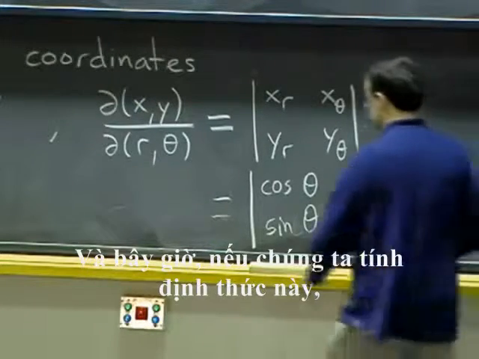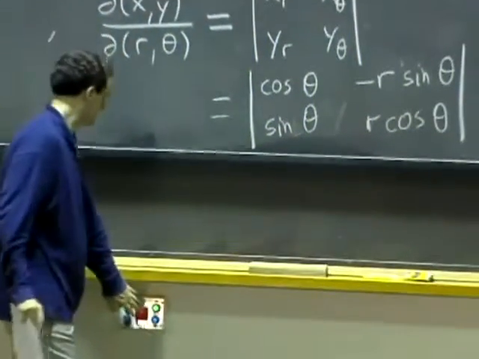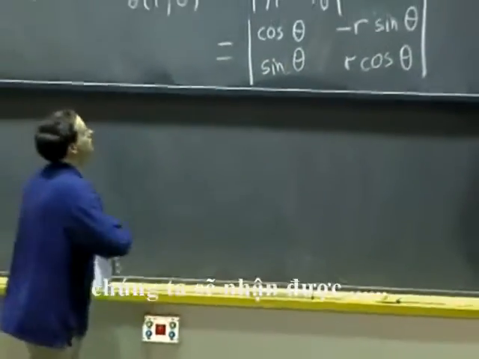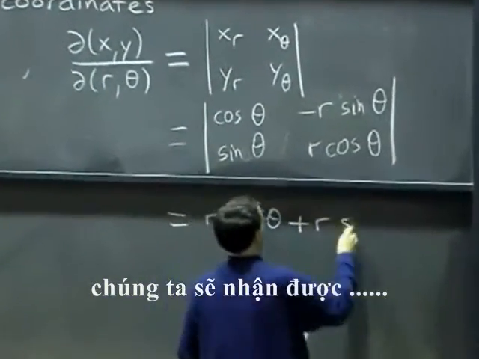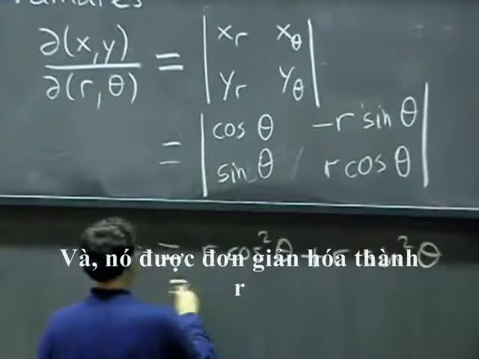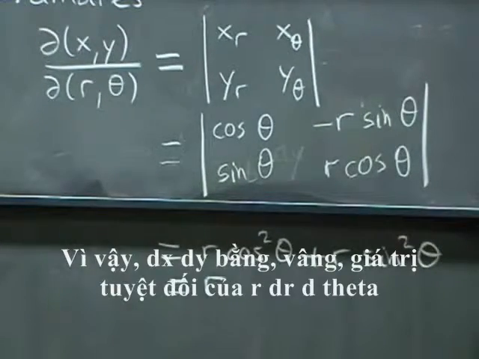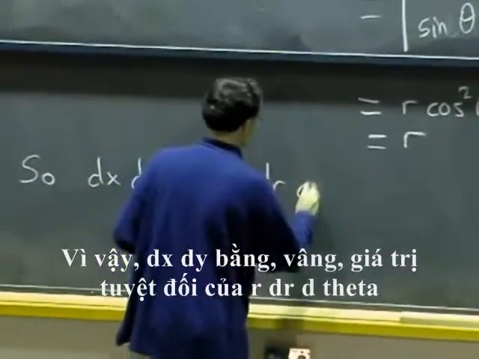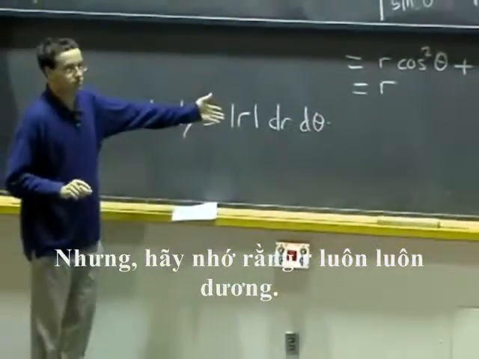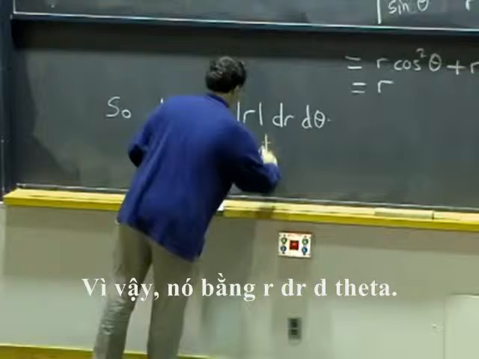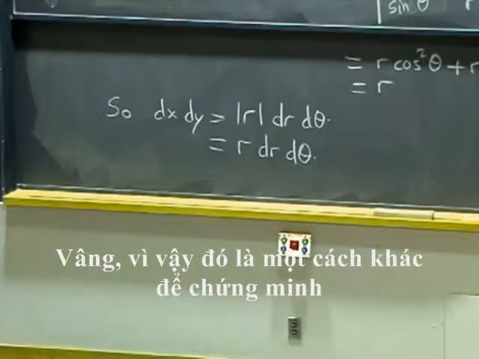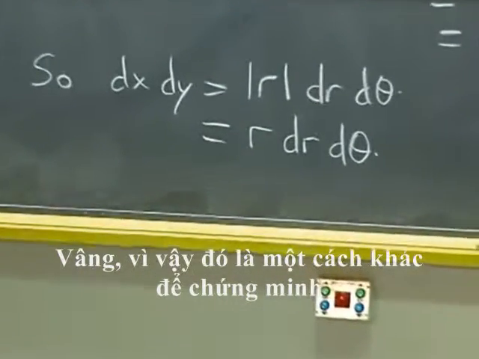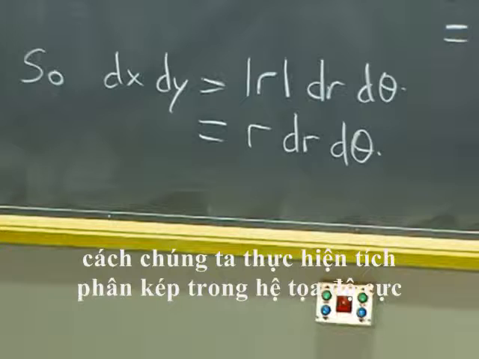And now if we compute this determinant, we'll get r cosine squared theta plus r sine squared theta, and that simplifies to r. So dx dy is the absolute value of r, dr d theta. But remember that r is always positive, so it's r dr d theta. So that's another way to justify how we did double integrals in polar coordinates.